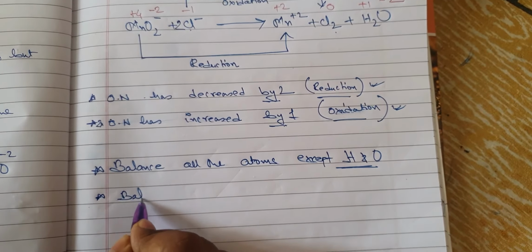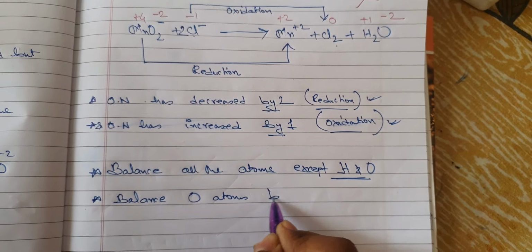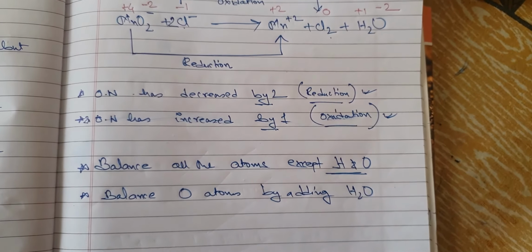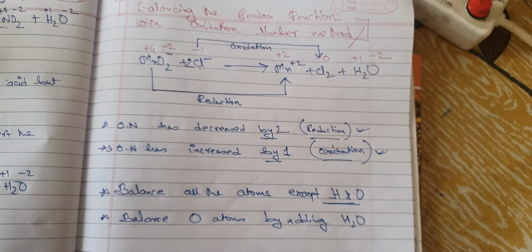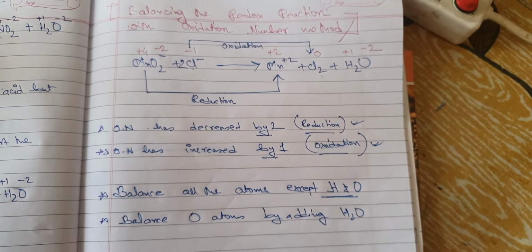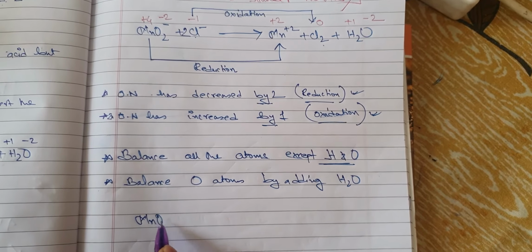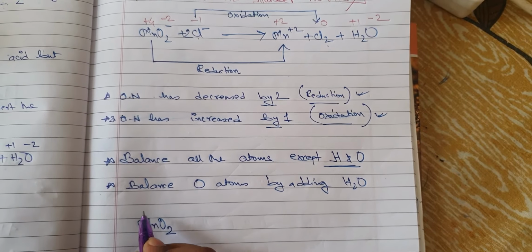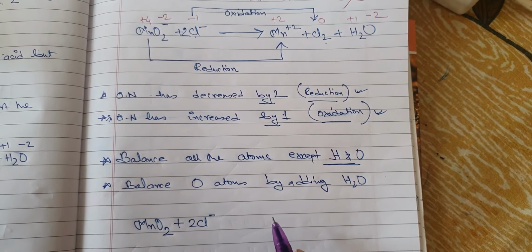Balance O atoms by adding H2O. So MnO2 plus 2Cl minus.